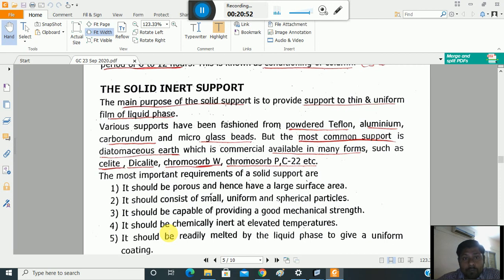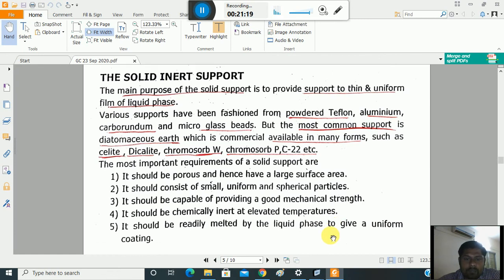It cannot be broken when you are applying pressure to pass the carrier gas through it. It should be chemically inert at elevated temperature. Elevated means higher. When you elevate the temperature by some degrees, like 10 to 20 degrees, it must be chemically inert, and it should be readily wetted by the liquid phase to give a uniform coating. Those are some important points.